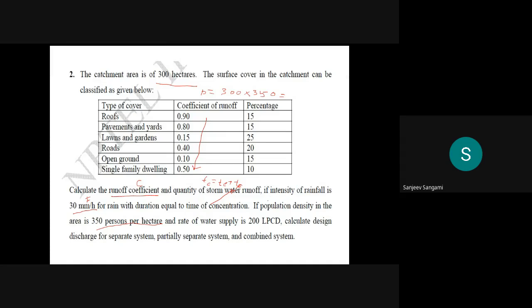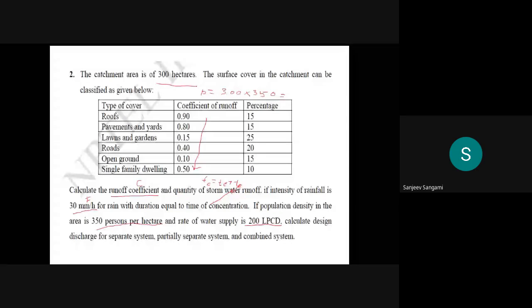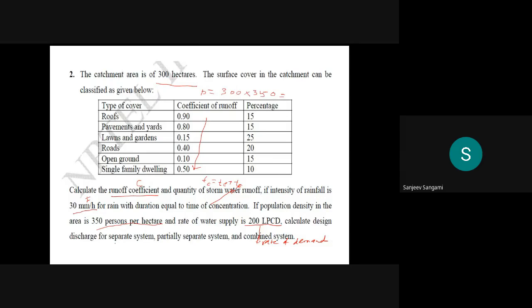Next, he has given the rate of supply as 200 LPCD. It is nothing but the rate of demand. Then what he has asked is that you have to calculate for the separate system, the partially separate system, and design it for the combined system.